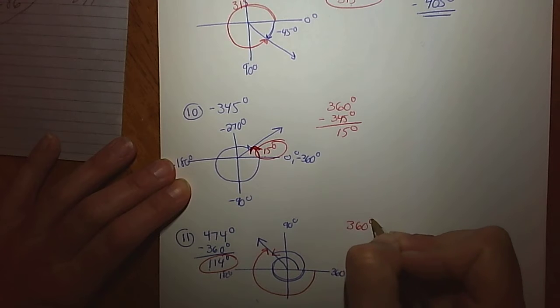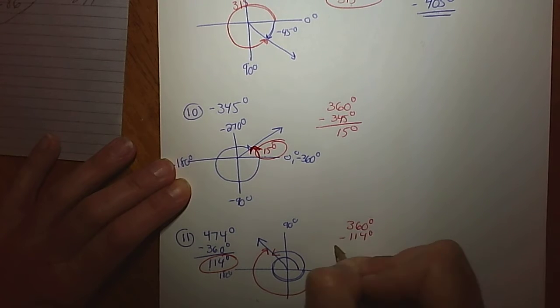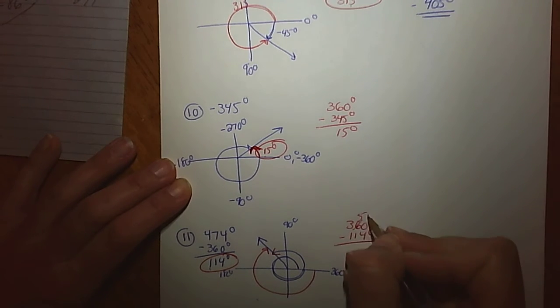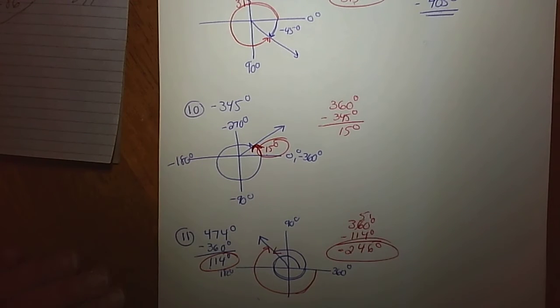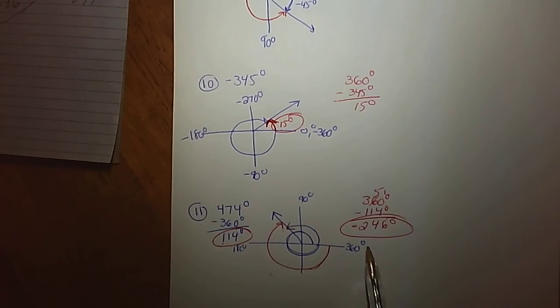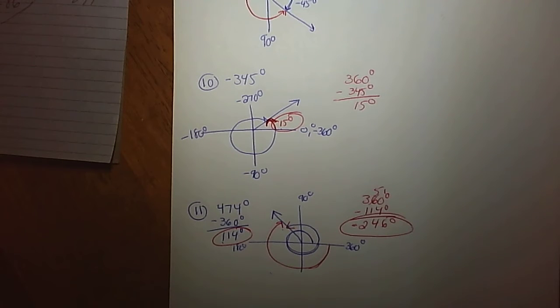So if I did 360 minus 114, this becomes 246. Now, notice I went down. Negative 246 degrees does land in the same spot. So a few of you did give this as the answer, which technically isn't correct because it doesn't fall between 0 and 360, but it was coterminal, and I was impressed you came up with that, so I gave it to you.